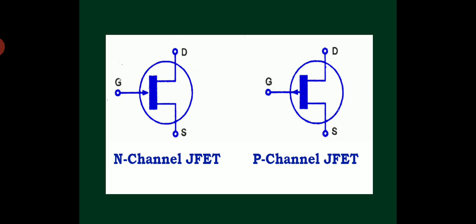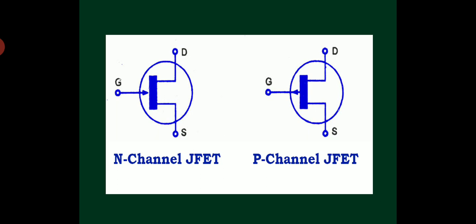As we derived in that session, output current IC in common base configuration is equal to alpha times IE, alpha times input current, where alpha is the current gain in common base configuration.